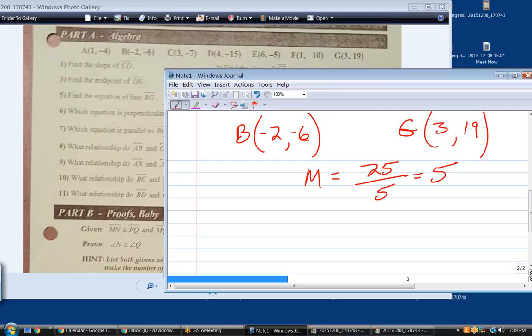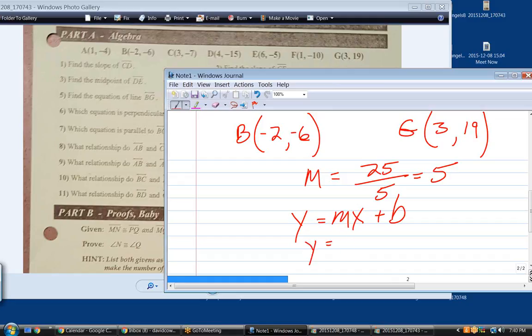Okay? Now, the equation of a line. What's the general format that you know for an equation of the line? Y equals mx plus b. That's the one everybody tends to remember. Well, I know what m is. That's 5.